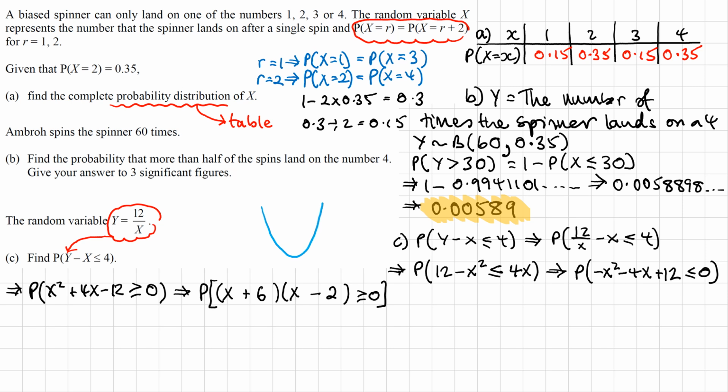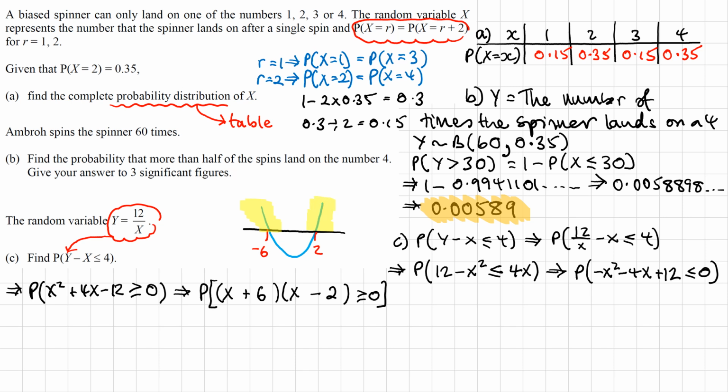Now if I draw a little quadratic graph so that I can see what I'm looking at, here's my U-shaped quadratic. The roots from this are going to be -6 and 2, so just mark those in. So I've got a -6 here and I've got a 2, and I want to know when this is greater than or equal to 0, so that's going to be this part of the graph and this part of the graph here.